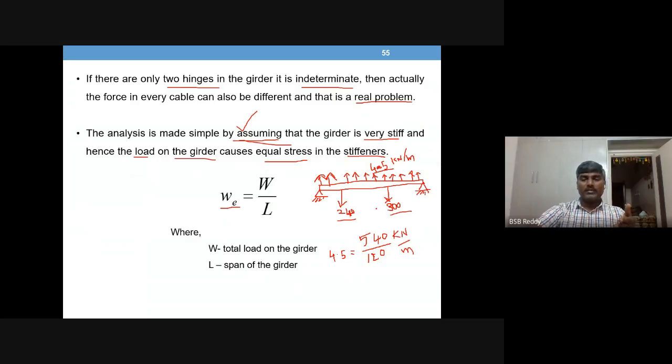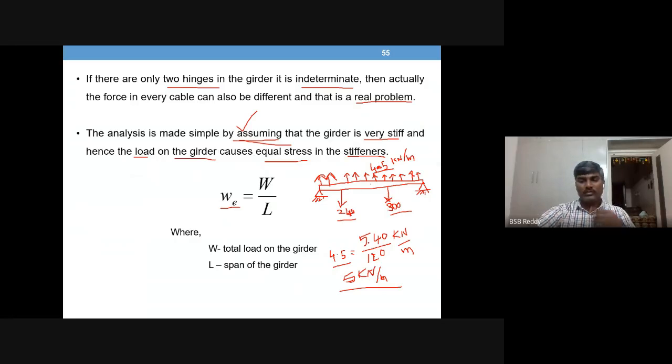In the last case, we got 5 kilonewton per meter, which is the actual value you solved for the three-hinged stiffening girder.